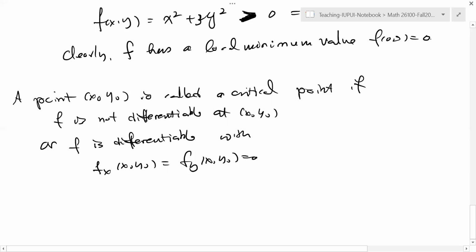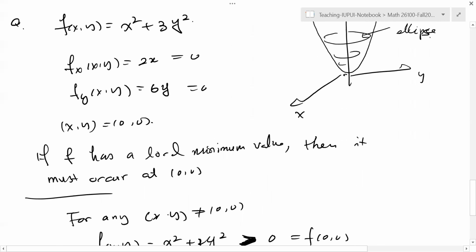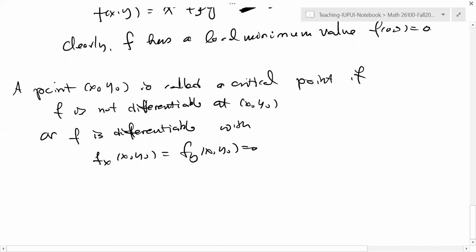Easy, because the theorem says that if the function is differentiable at that point, then the derivative must be zero. Either the function is differentiable or not differentiable.